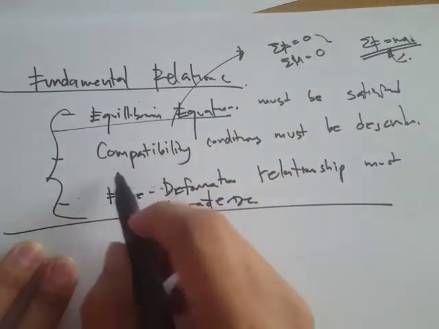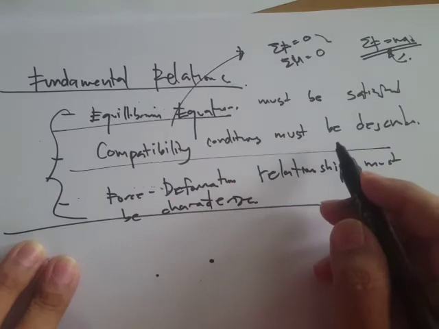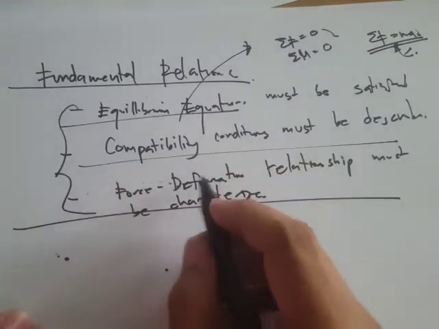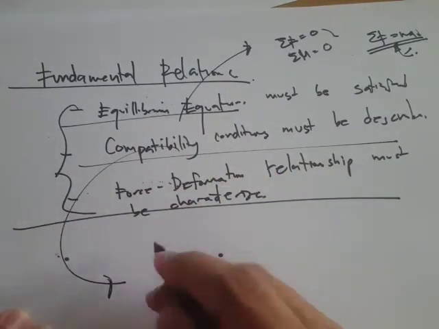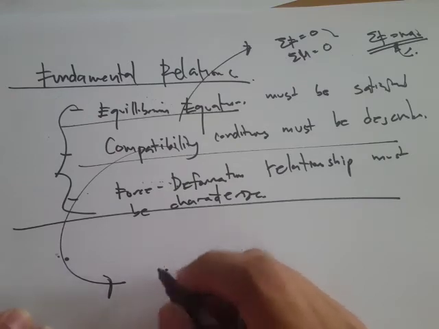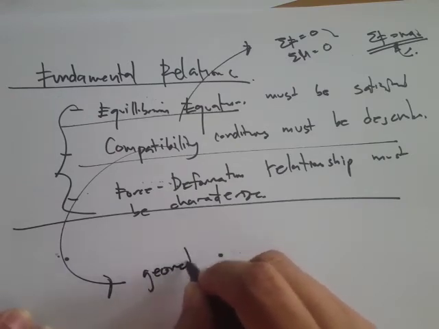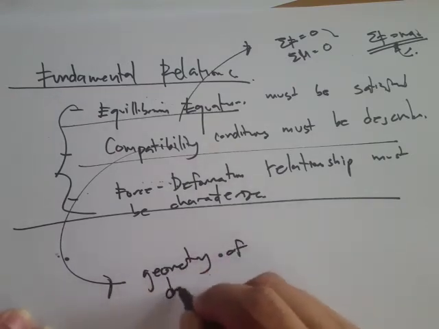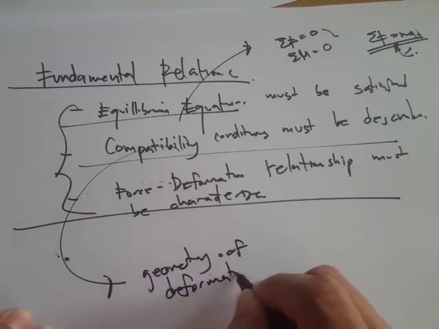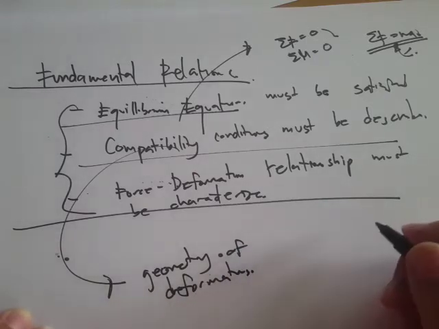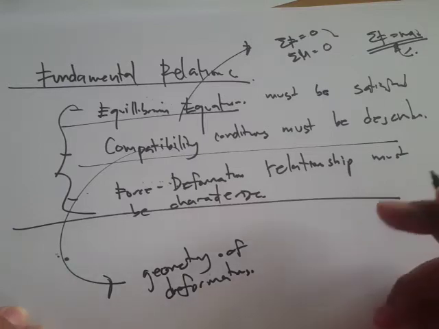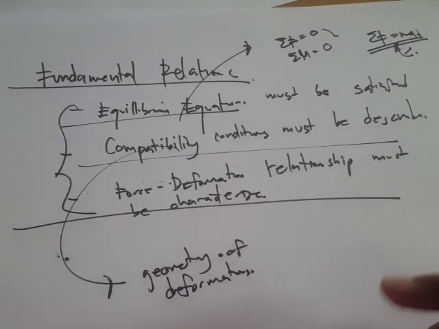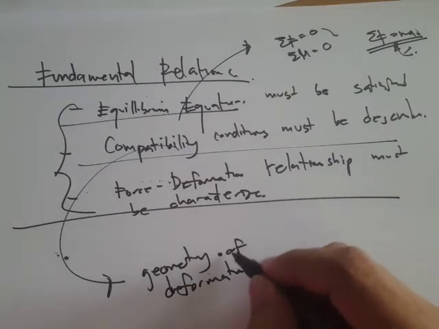Okay, so the next thing is the compatibility condition. When I say compatibility, that refers to the geometry of deformations. So the displacement of each member of the structure must fit together.